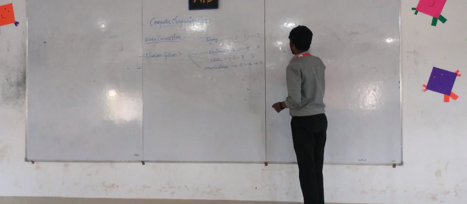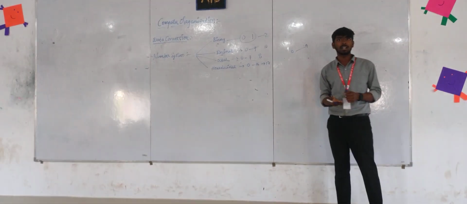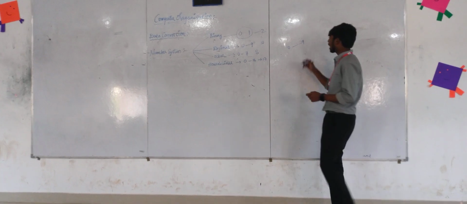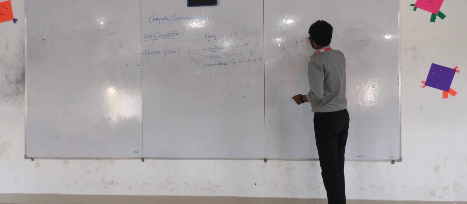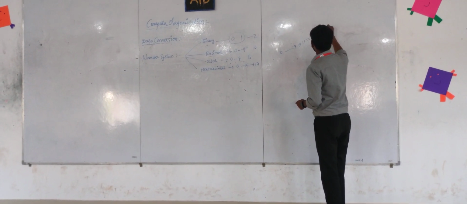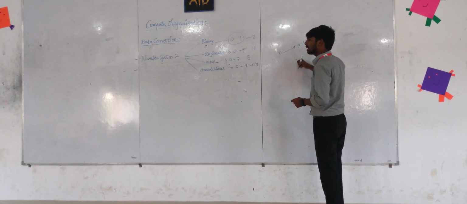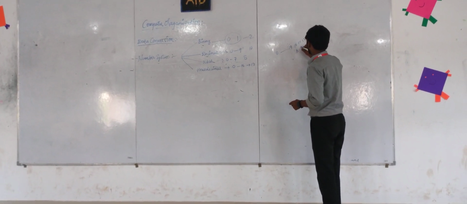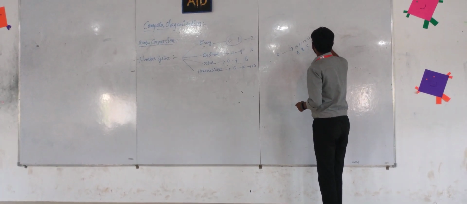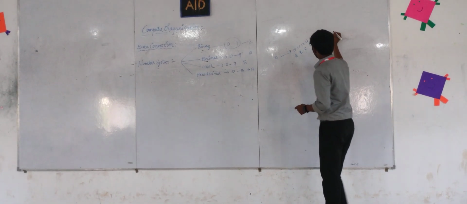From 0 to 9 it takes normal numeric digits, but after that, for 10, 11, 12, 13, 14 and 15, it uses the alphabet A, B, C, D, E and F.